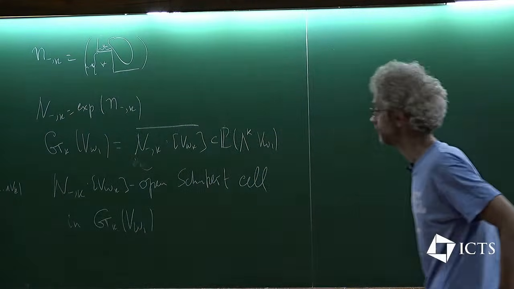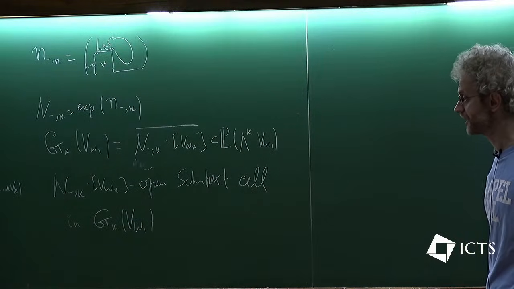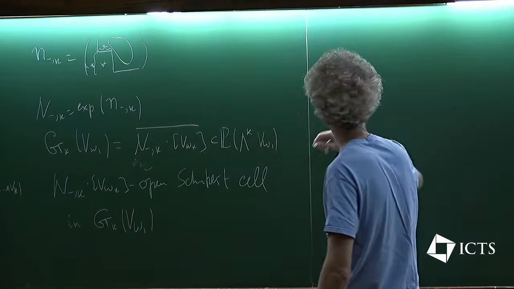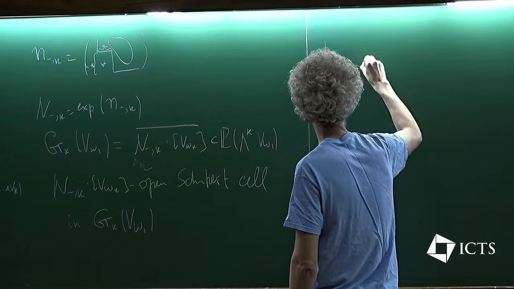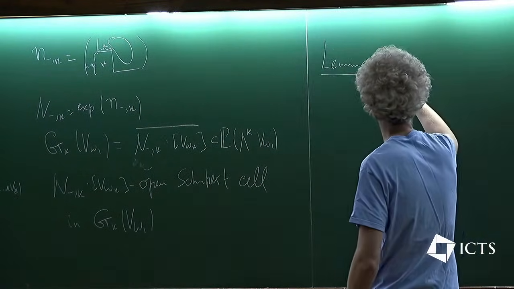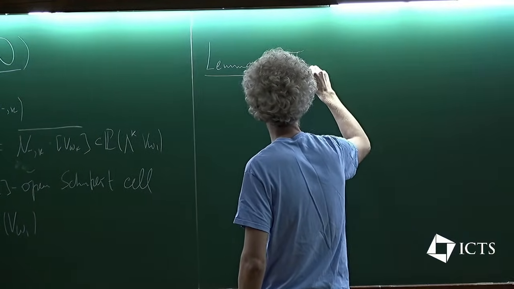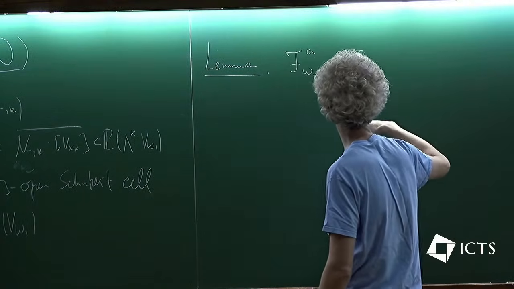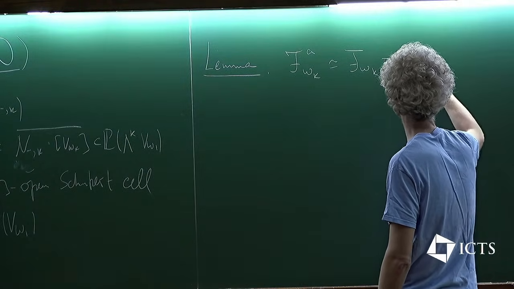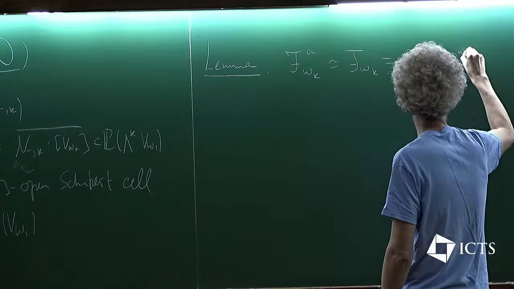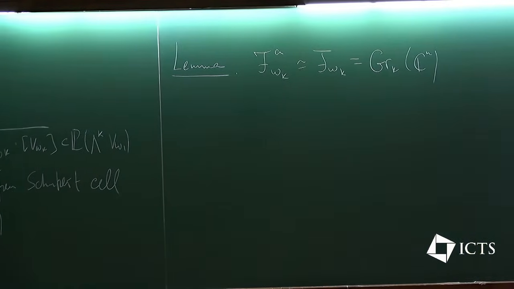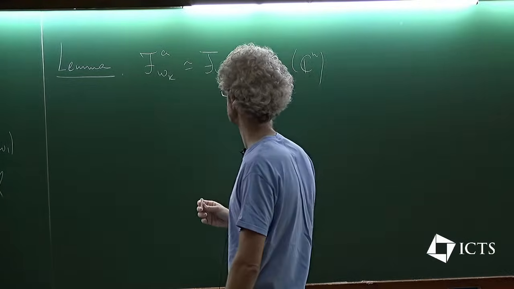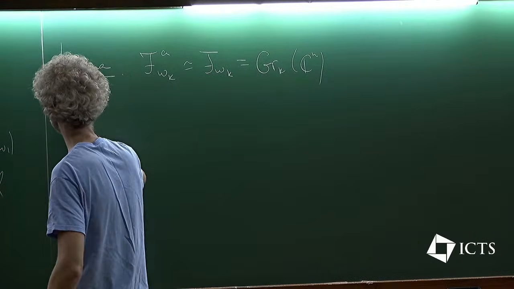Okay, so this Grassmannian Kn is an example of this GA variety, and actually we can get the following lemma from this observation, from this discussion, saying that the flag variety omega k A is isomorphic to the flag variety omega k classical, and this is nothing but the Grassmannian k C. Okay, so the lemma says that on the level of Grassmannians, we are not getting anything new, and actually the proof is more or less given already.